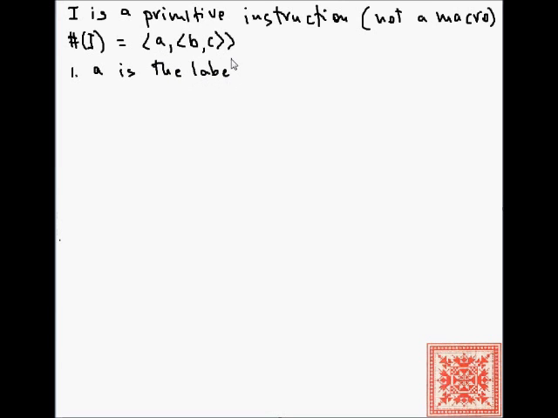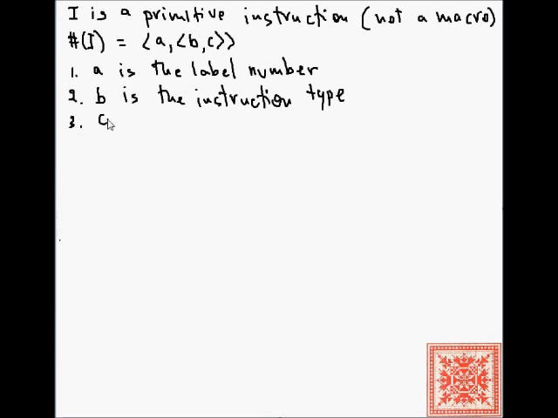The number of the instruction can be encoded as a pair, right? We talked about the pairing function. So it's the pair of A and the pair of B and C, and A is the label number. If the instruction has a label, then A will be encoding the position of the label in the list of labels that we talked about just a couple of minutes ago.